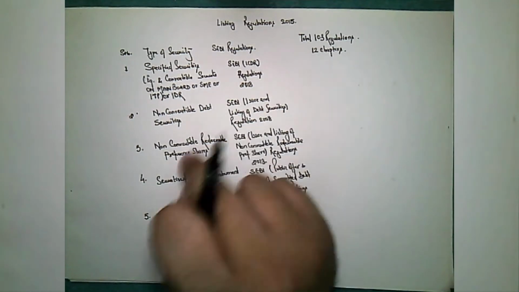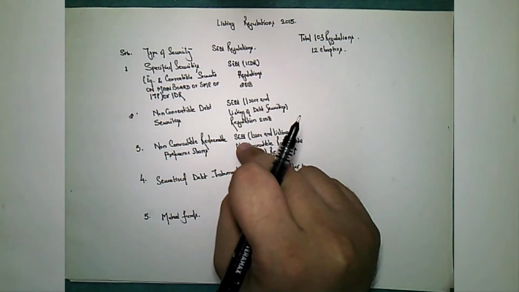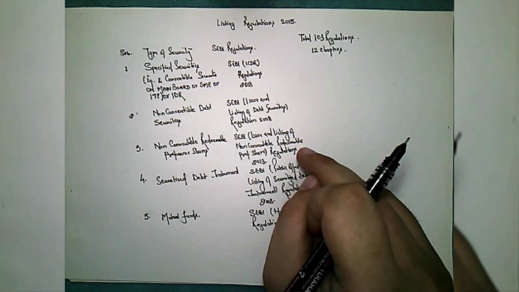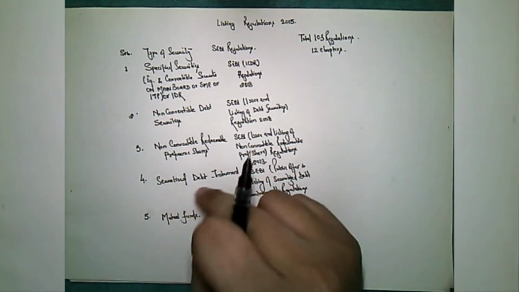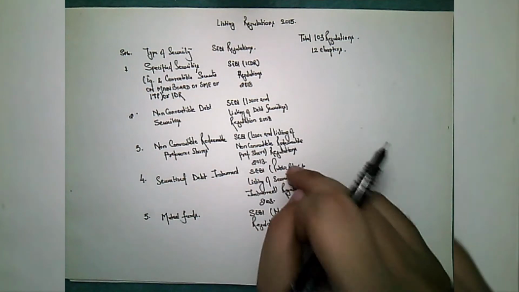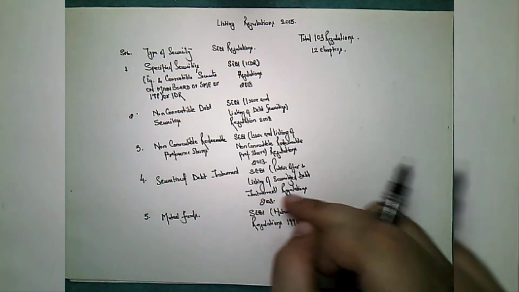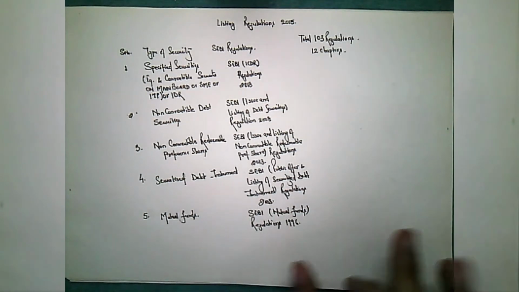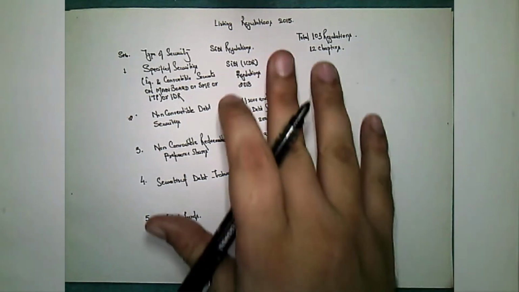Non-convertible redeemable preference shares, SEBI issue and listing of non-convertible redeemable preference shares. Next, we have securitized debt instrument, that is SEBI public offer listing of securitized debt instrument regulation 2008, and at last these are mutual funds, so for that is SEBI mutual fund regulation 1996.